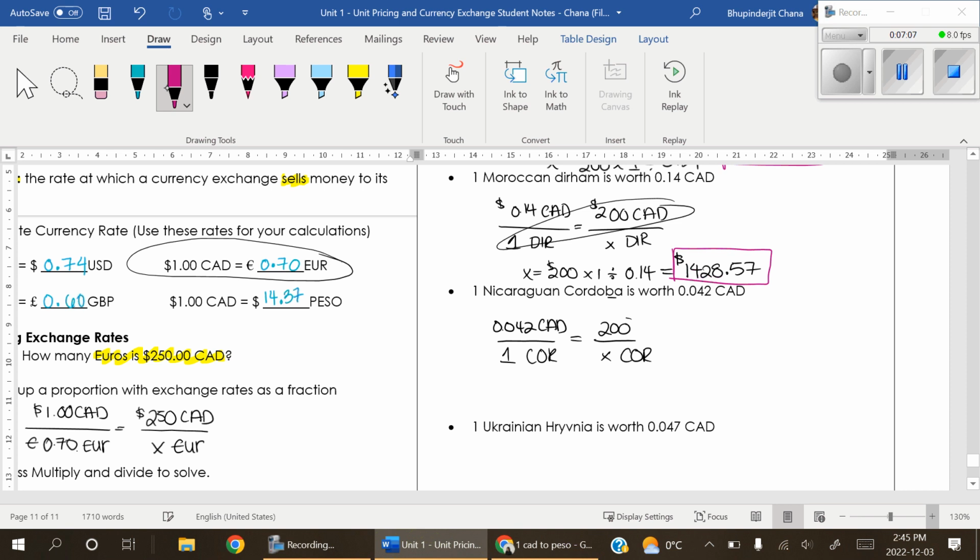And then set up our ratio. X is equal to 200 multiplied by 1 divided by 0.042. Okay, let's plug that into our calculator. 200 divided by 0.042. I get 4,761.90.